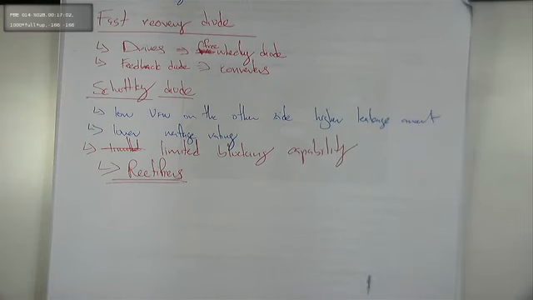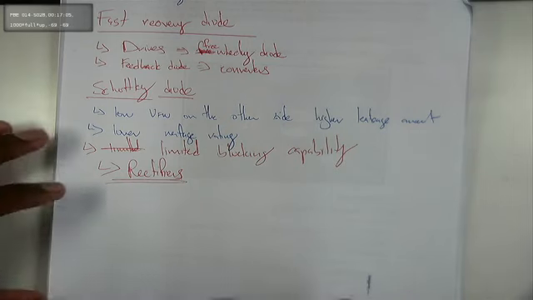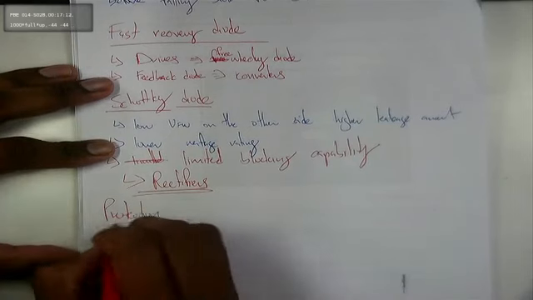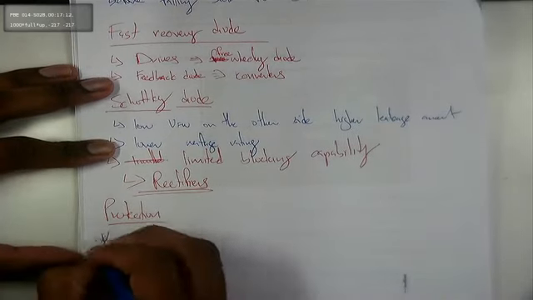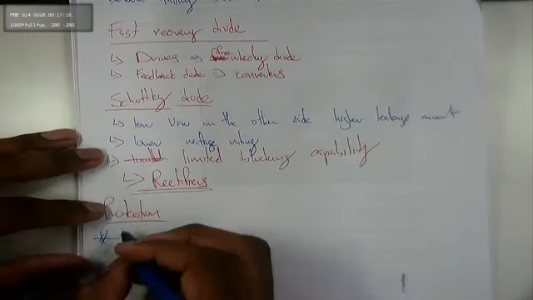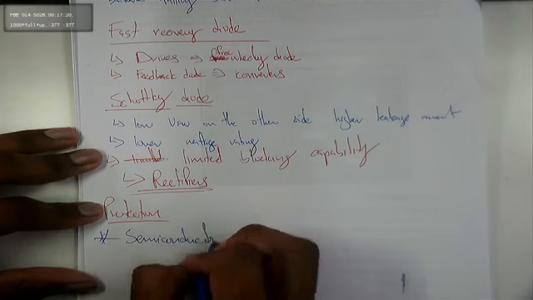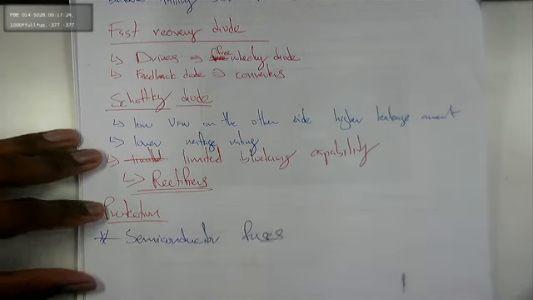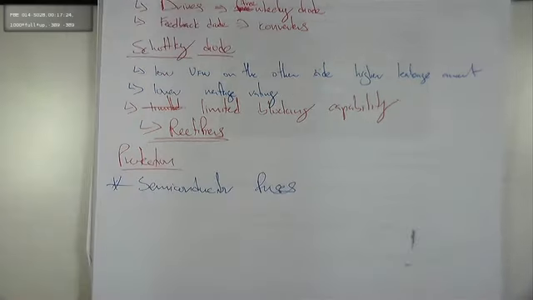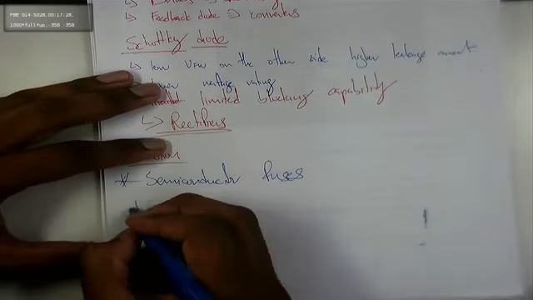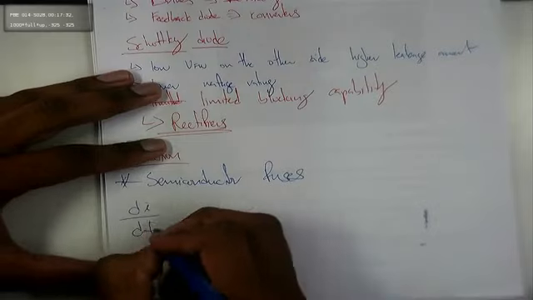So protection is semiconductor fuses, and there is something else, some other kinds of protection as well. So I'll put an asterisk, we normally use semiconductor fuses. Now, something for the protection against di over dt.